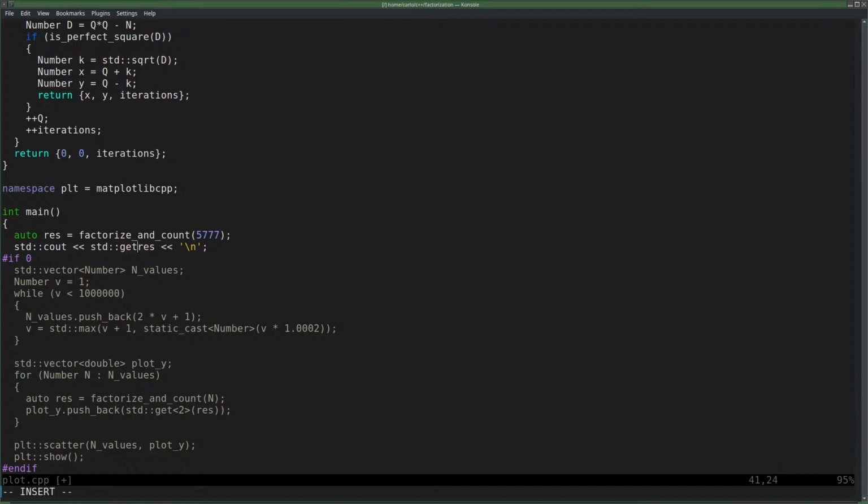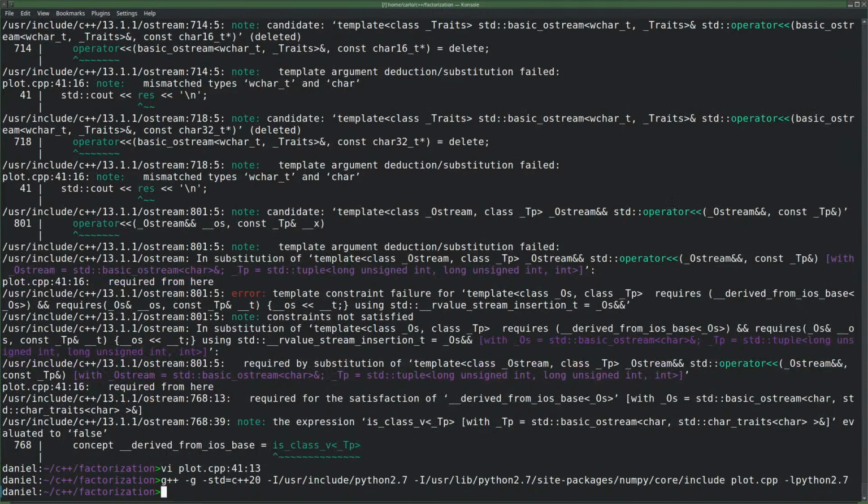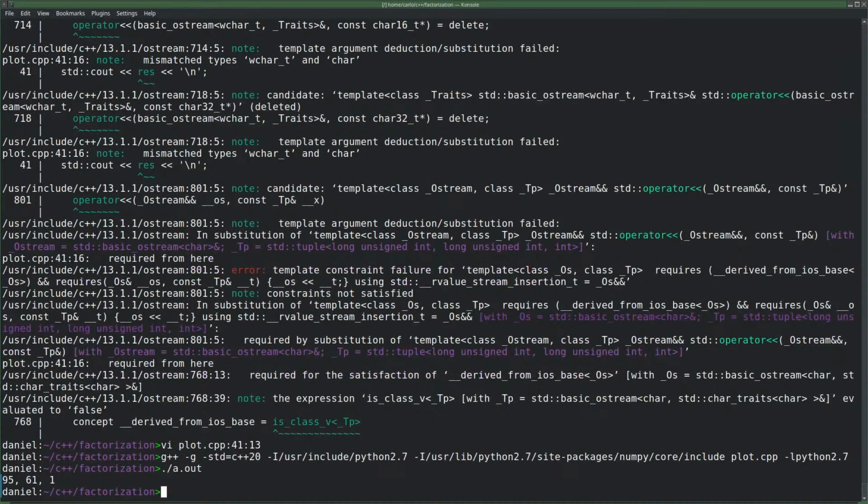Okay, so std::get<0>(res), comma, std::get<1>(res), comma, std::get<2>(res). Get it out. No. Totally, absolutely 0, no. Let me turn on the lights and I'll be back. That is such a failure. Such a failure.